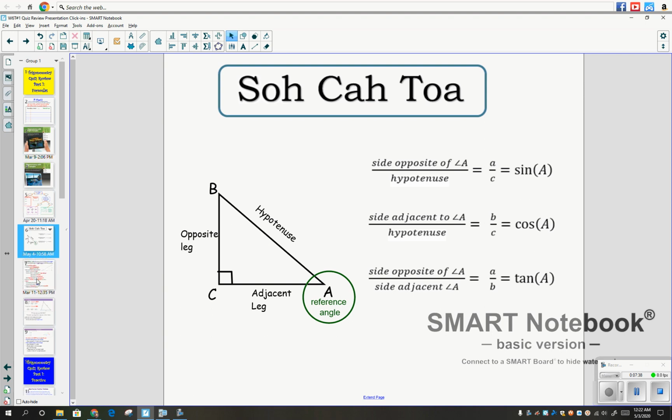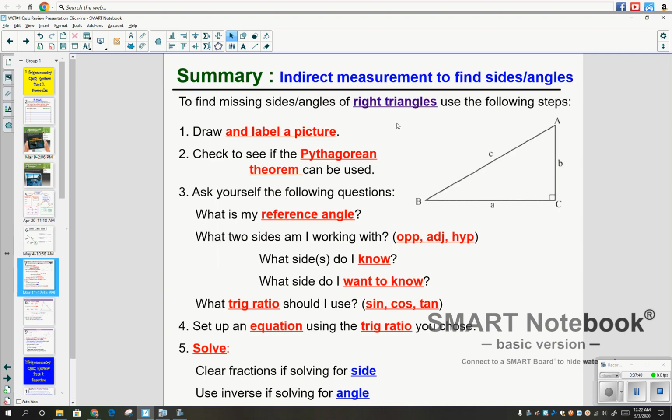And as I work through this to determine which one I should use, here's our summary to do it. Draw and label a picture. If it's not given to you, draw it out. Check to see if you can use the Pythagorean theorem. That's the first thing we should ask ourselves, and we can do that if I know two sides and want to find the third side. If that's not the case, then the question I ask myself is, what's my reference angle?